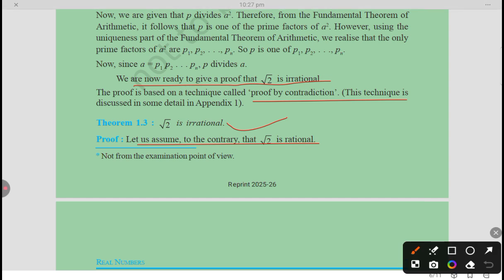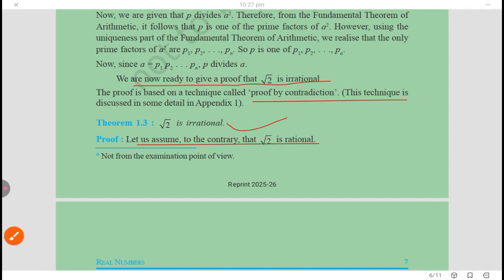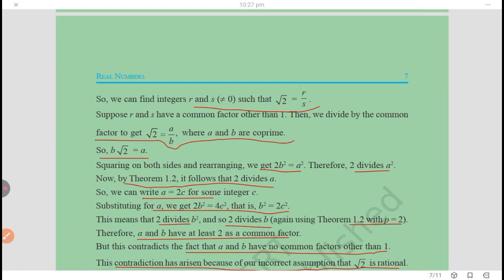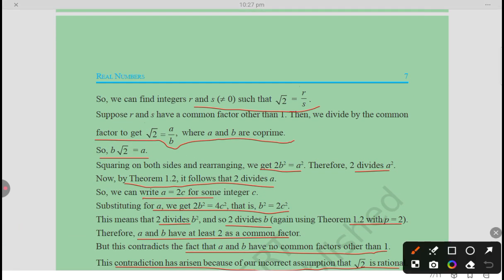By proof of contradiction, you have to assume that root 2 is a rational number. If it is rational, then you should write it in p by q form, so that you write r by s.